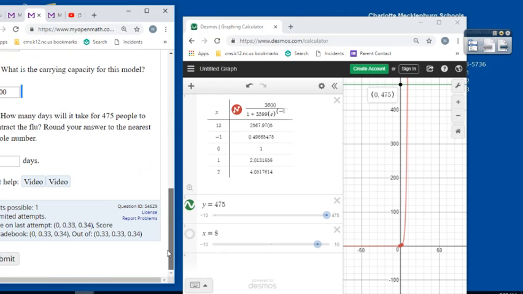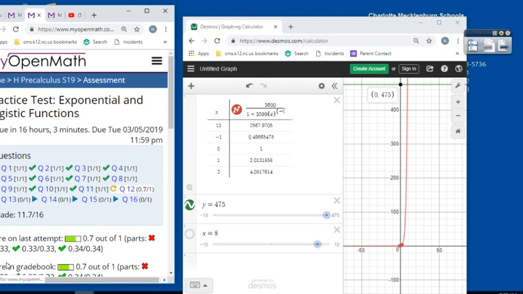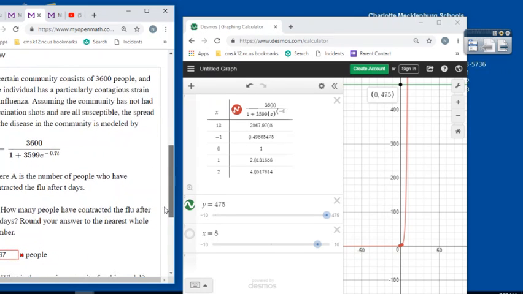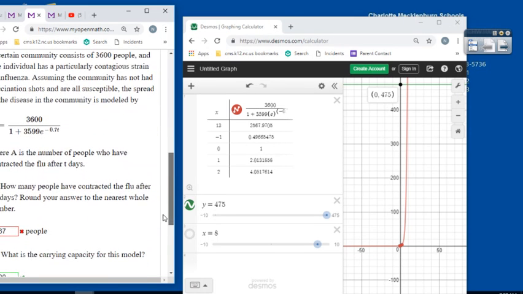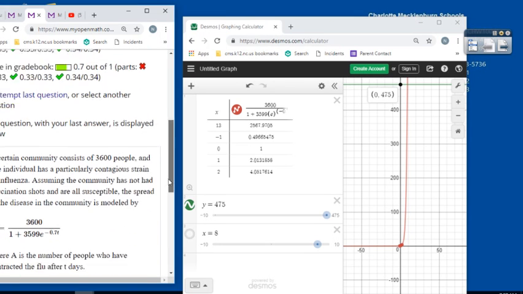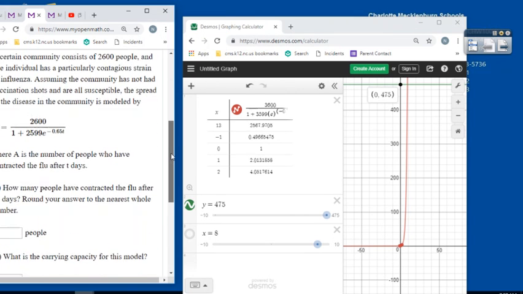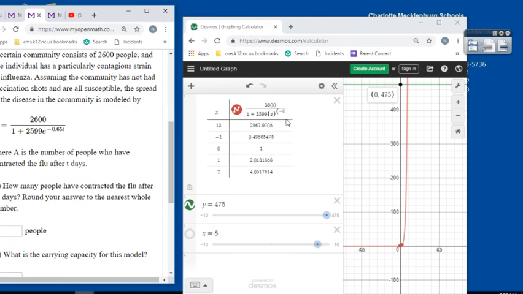So I tried rounding down instead of rounding up. And the next attempt, 2,600.